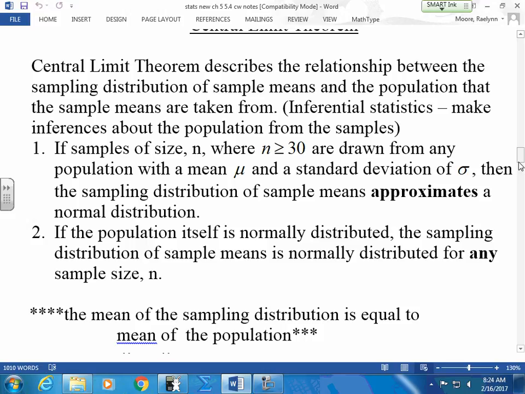Why would I want to do all this? Why would I drive myself crazy? It's costly, it's time consuming, I still got a lot of things to do once I have to keep making all these different samples. Why can't I just go one person for my population? Because I don't have a background on my population. This theorem describes the relationship between the sampling distributions of the sample means and the populations that the samples are taken from.